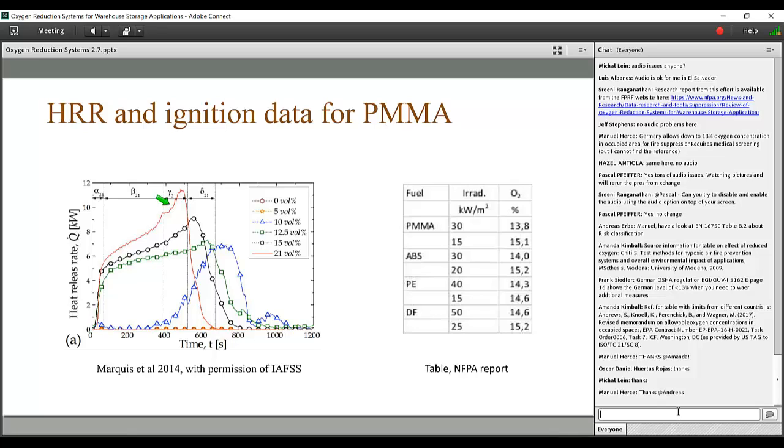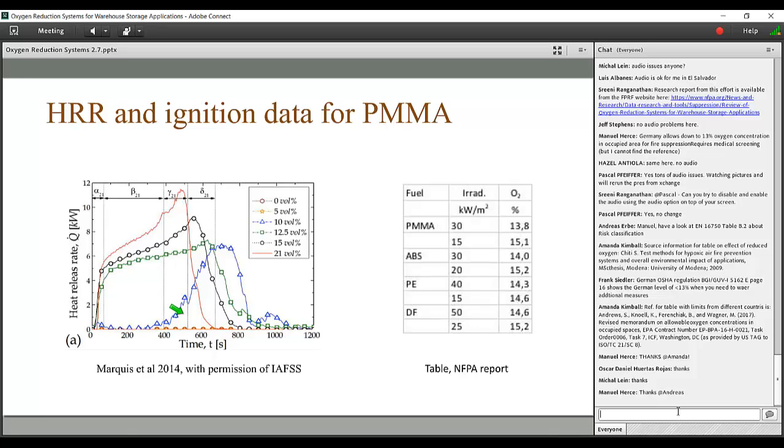If I remember well, it's a traditional 25 millimeter thick PMMA. And then you can see bit by bit, it's a little bit difficult to see, that the ignition times change, but you see that the heat release is lowering, and the burning period on the other hand is extending.